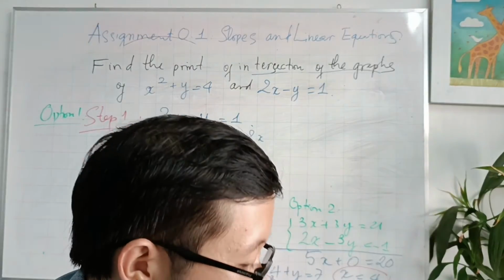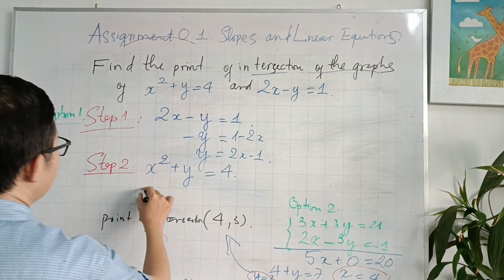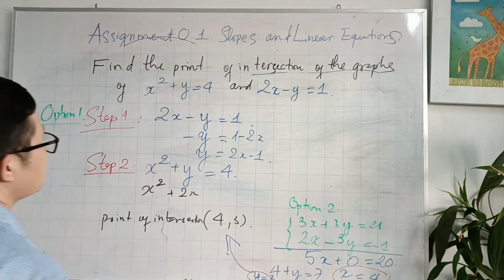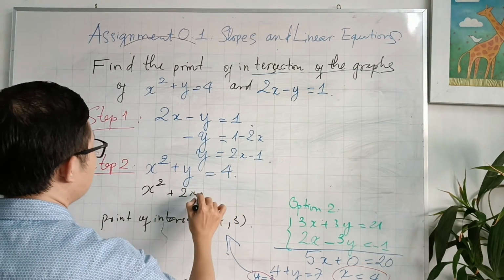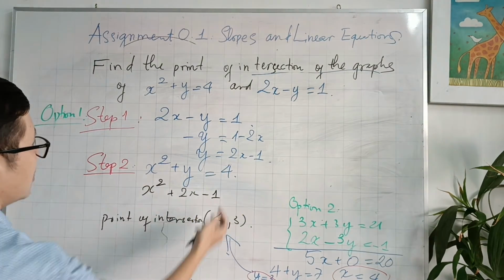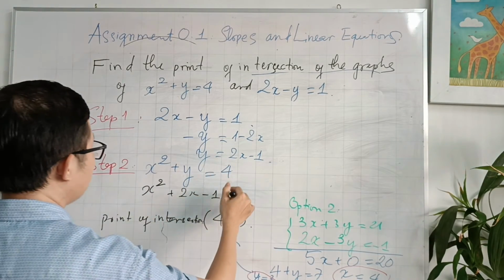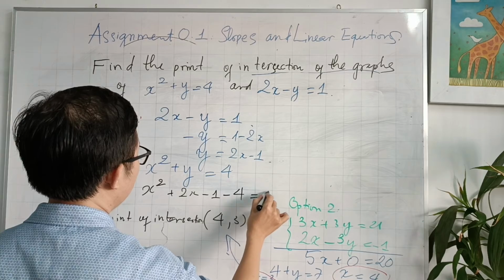So we have x squared plus 2x minus 1. I exchange 4 to the left side, negative 4 equals 0.